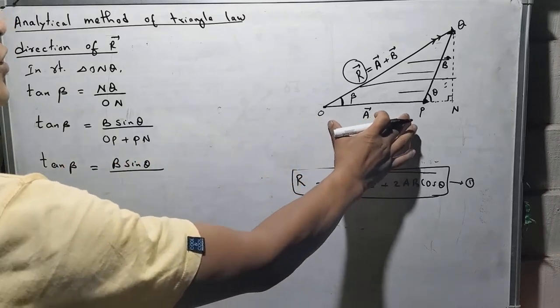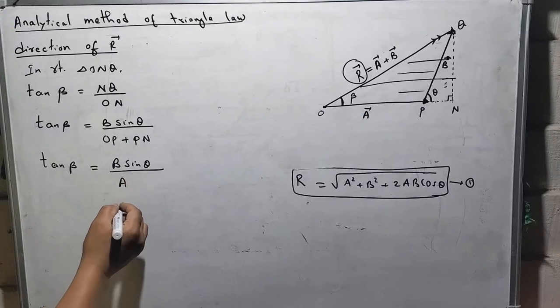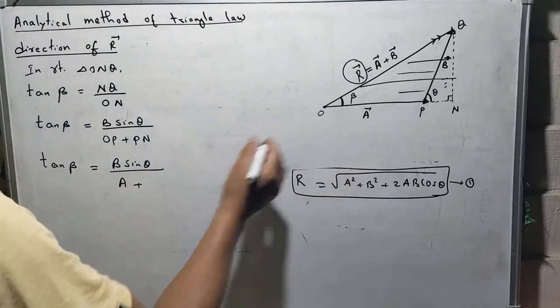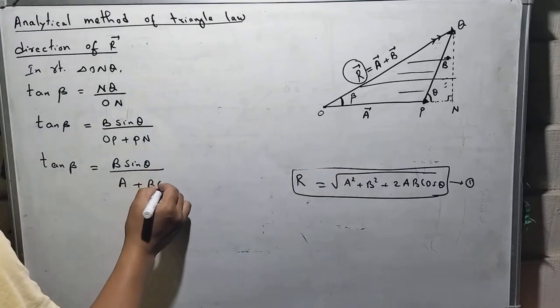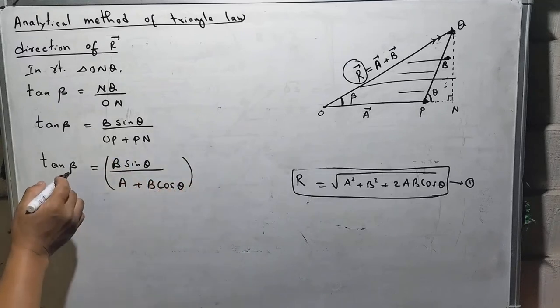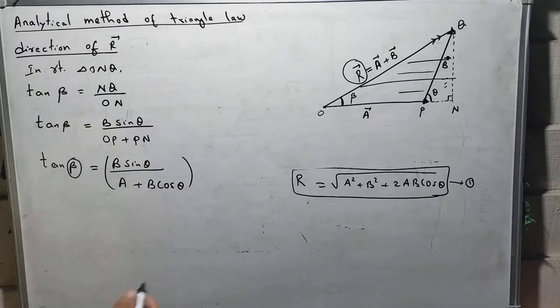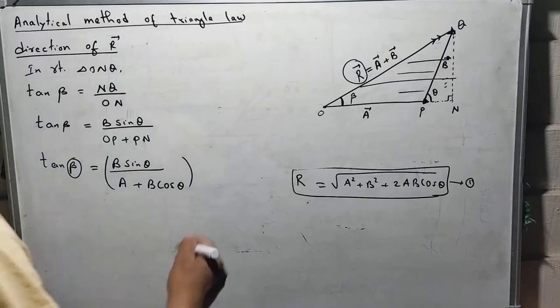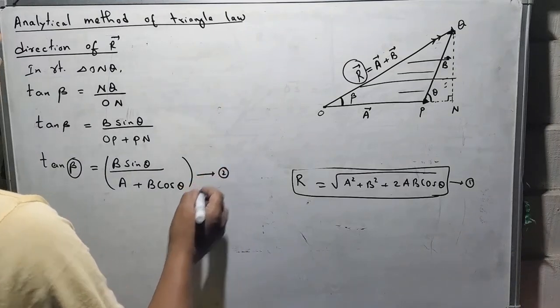OP is equal to the magnitude of vector A, so I'll write A, plus PN. PN is equal to how much? It is equal to B cos theta. So if you know this tan beta, that means you will know the angle beta. By knowing the angle beta, you will know the direction of the resultant vector. So this is my equation 2.